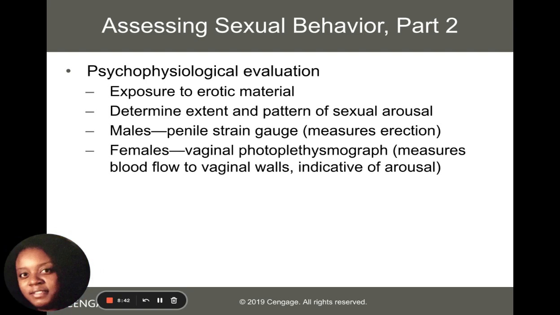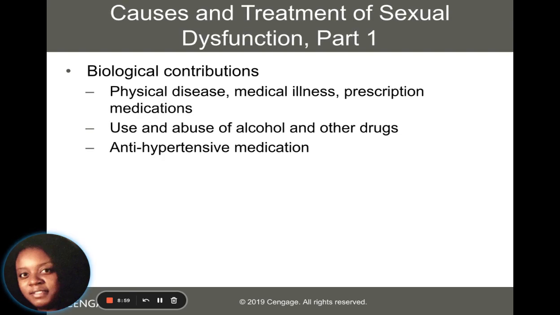For males, their erections are measured, and for females, the blood flow to their vaginal walls can also be measured to indicate their levels of arousal and determine how their body is responding in a sexual way.